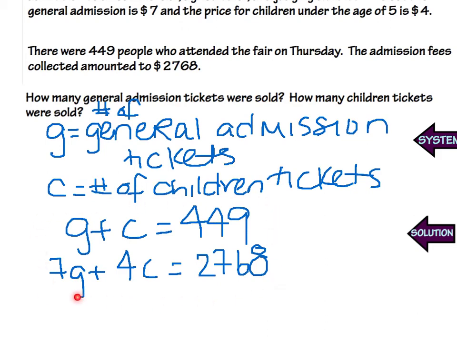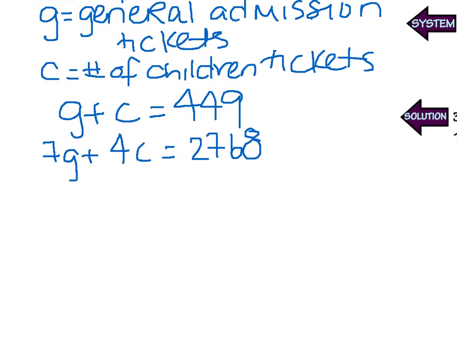Now I need to go ahead and solve this system using substitution. All right, in this particular system, I need to solve one equation for a variable. Well, to me it looks easiest if I choose the first equation and solve for G or C. I think I'm going to solve the first equation for C. So in the first equation, I'm going to go ahead and solve G plus C equals 449.